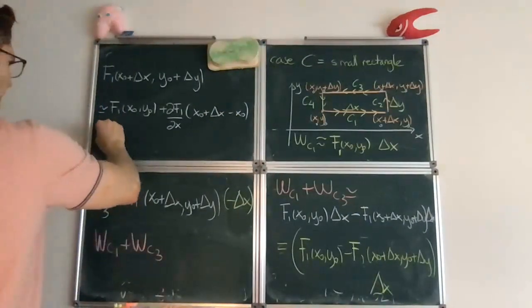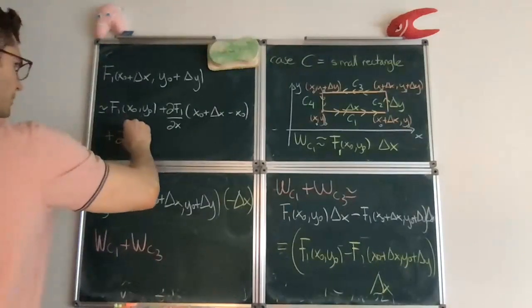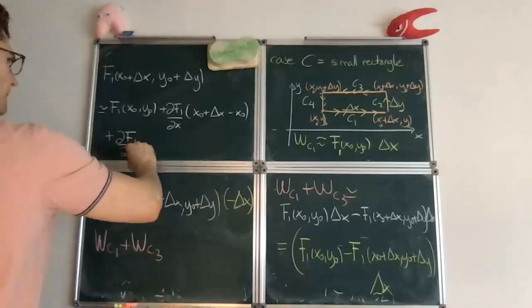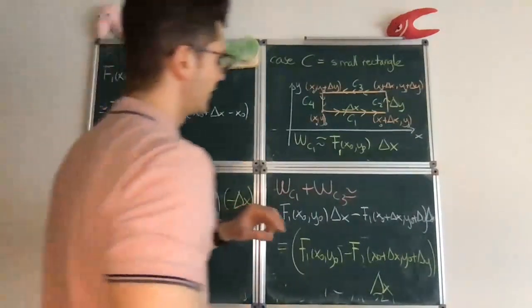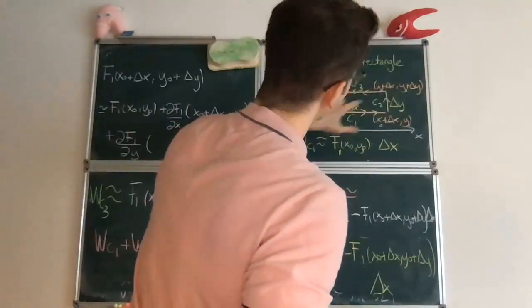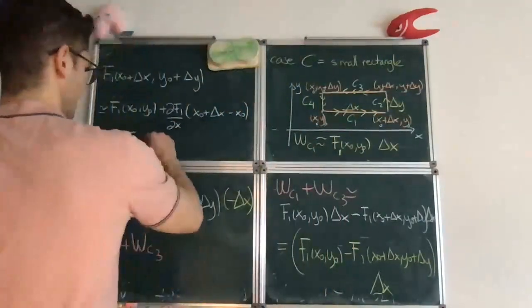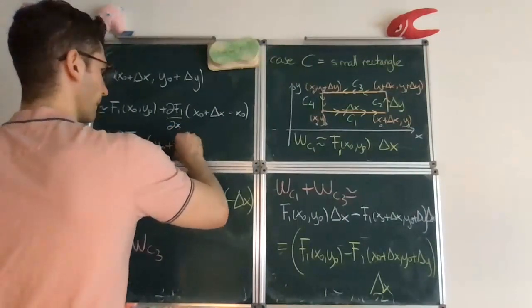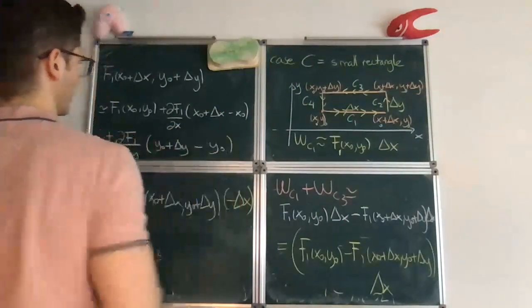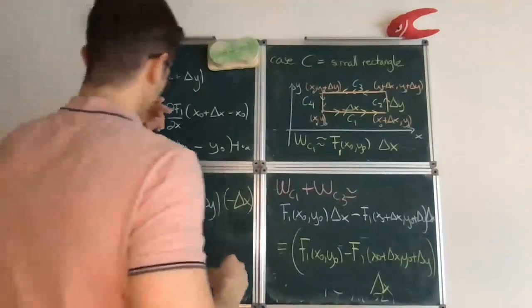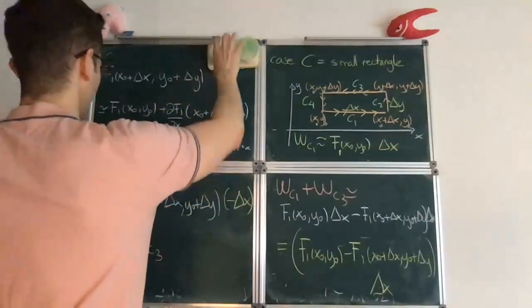Plus the partial derivative of F1 with respect to y times the length of the interval, or the difference in y values. And there are more things, but again, we don't care about those. This is like a linear approximation.